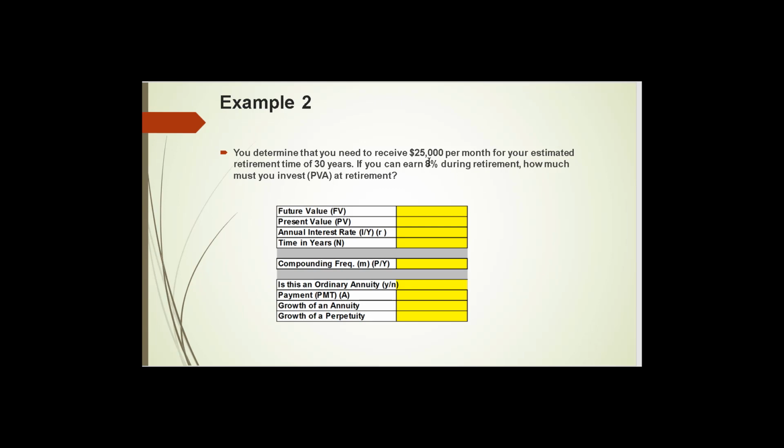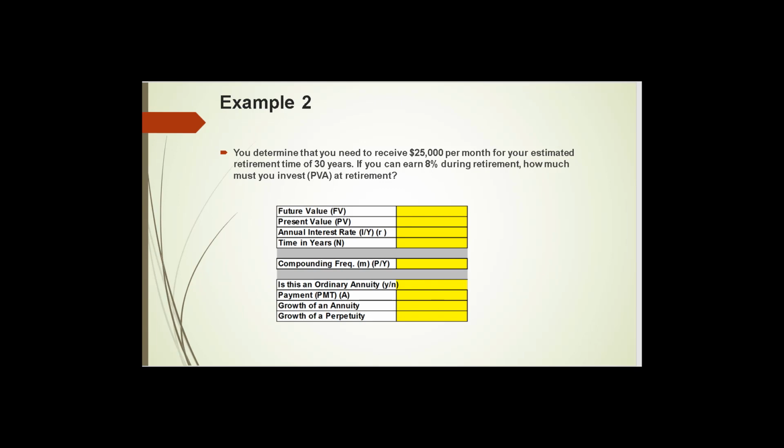Now we're doing this monthly, so you need to have a compounding frequency of 12. It's an ordinary annuity, so you have to put in yes for ordinary annuity. And then the payment, again, you're going to receive $25,000.